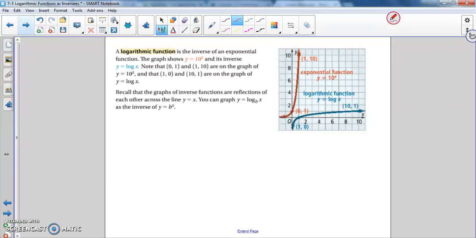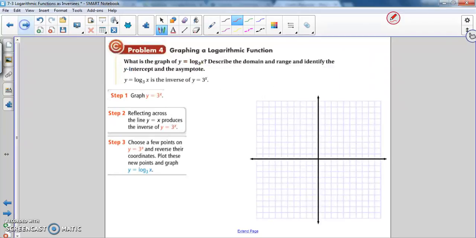If we remember, our inverse is the reflection of our function over the line y is equal to x. So we switched our x and y values to get our inverse. Graphing a logarithmic function, we're going to graph our exponential function, then reflect our values.